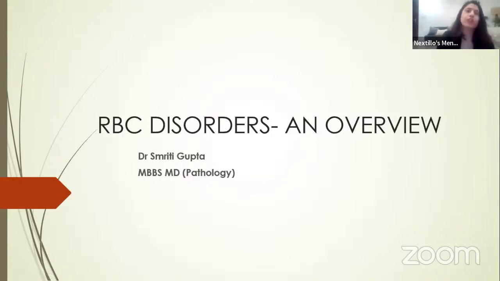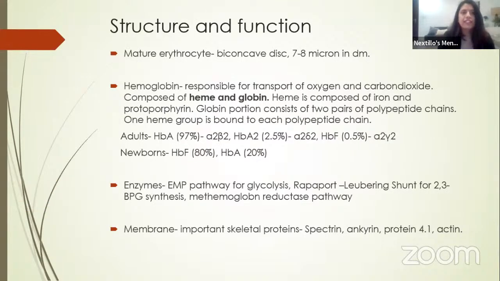I'm going to give you an overview. This is not a very detailed lecture, but we get most of what the questions are asked over here. So let's start with the structure and function of RBCs. A mature erythrocyte is another word for an RBC. A mature erythrocyte is a biconcave disc, and it is 7 to 8 micron in diameter.